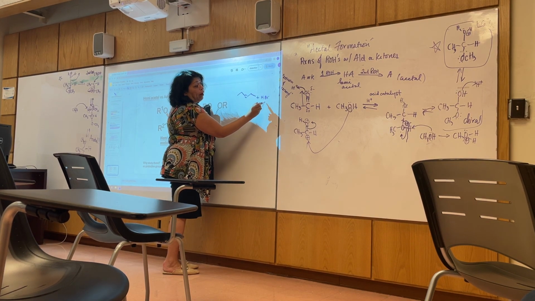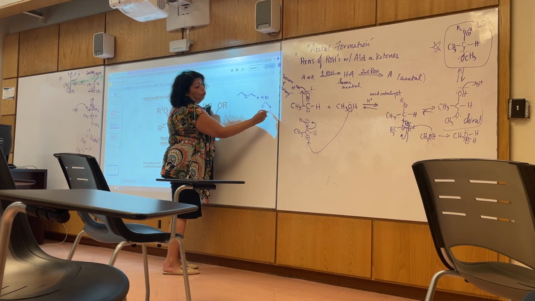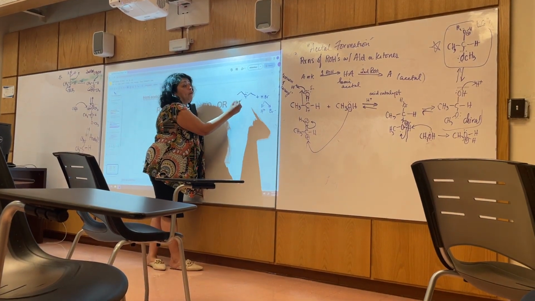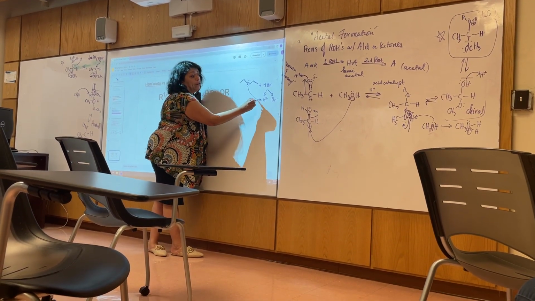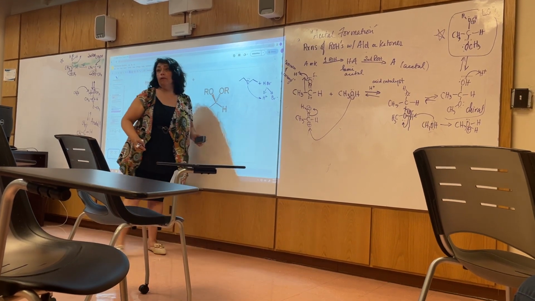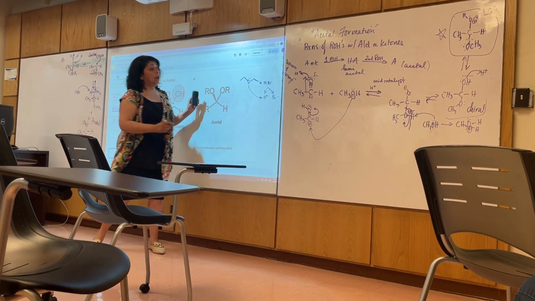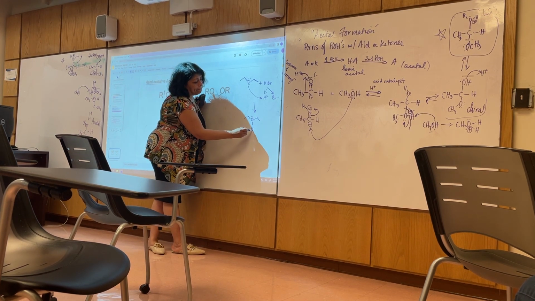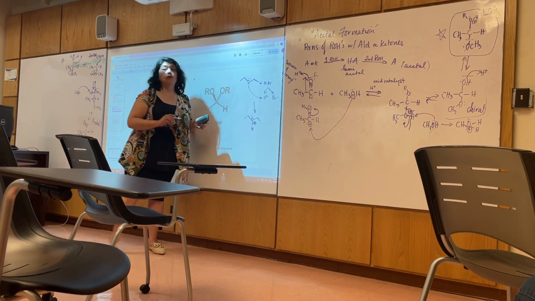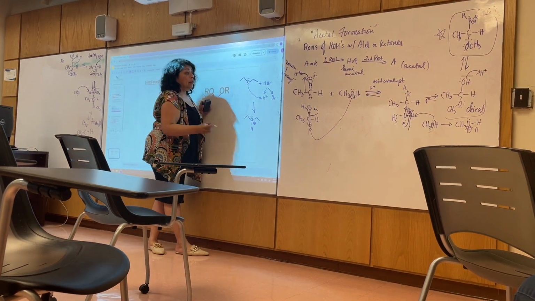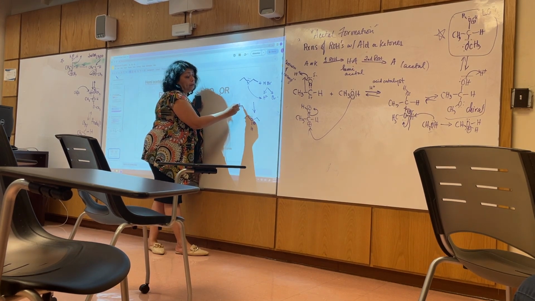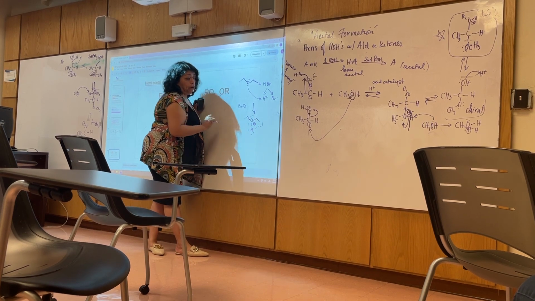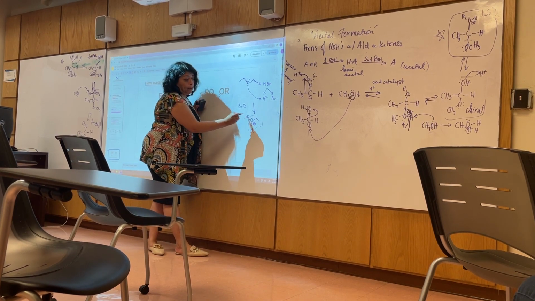Well, HBr is a strong acid. Strong acid is always 100% dissociated into H plus and Br minus. So what happened? We have the O in the ether being very attracted to the H, because O is negative and H is positive. And so that becomes the protonated ether. That's the first step. Then the bromide comes in from behind. This is an SN2. And this could be considered the leaving group, and that makes this carbon the attacked carbon.